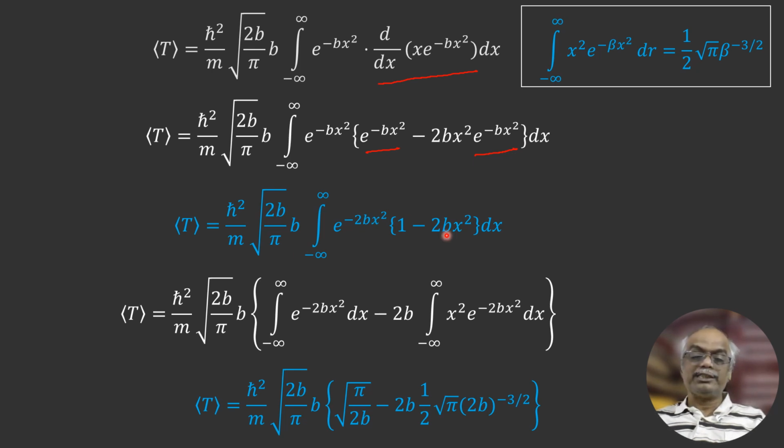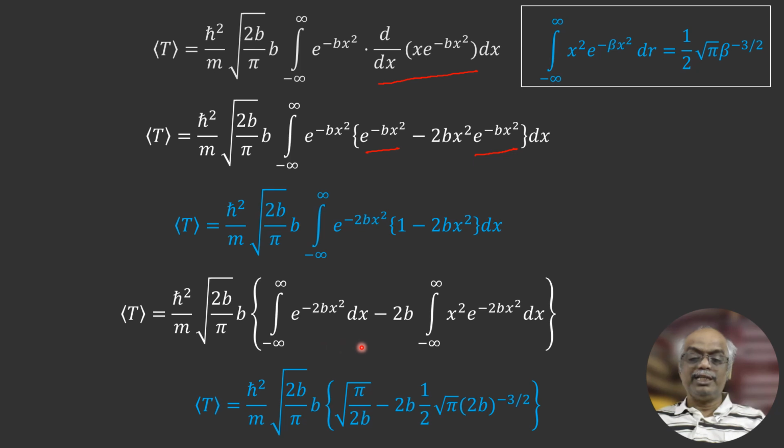Now we can separate this into two integrals. One is multiplied by 1, giving e to the power minus 2b x squared. The other has minus 2b x squared; taking minus 2b outside because it is a constant, we get x squared e to the power minus 2b x squared dx.